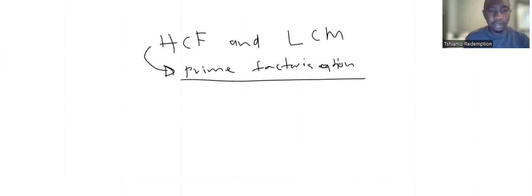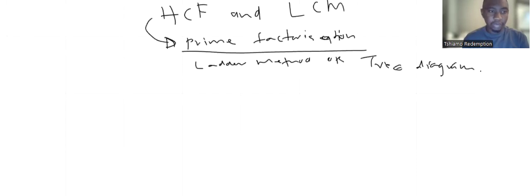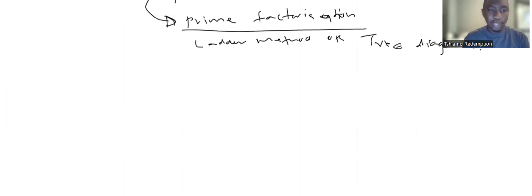We call it the ladder method or the tree diagram. Whichever one you are comfortable with, you can do the questions, and then you want to write every number as a product of the prime numbers, and then you solve the question as you are supposed to. So let's start with the first one. Let me show you how we do it.